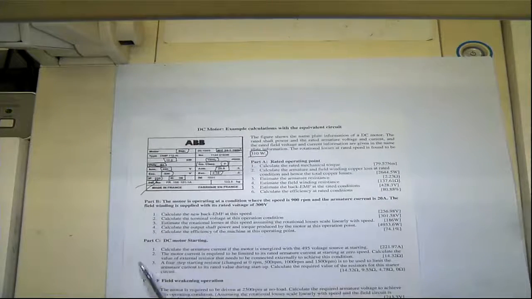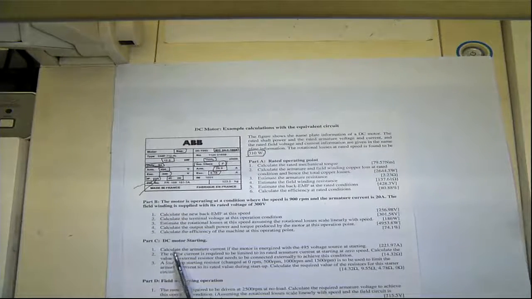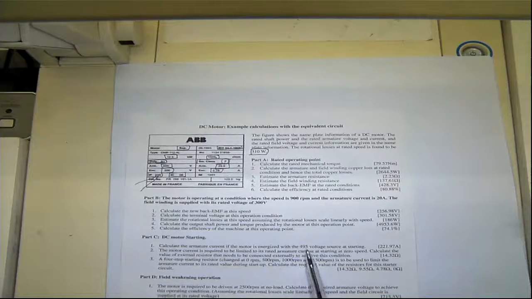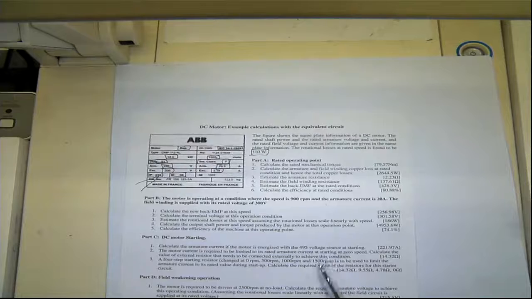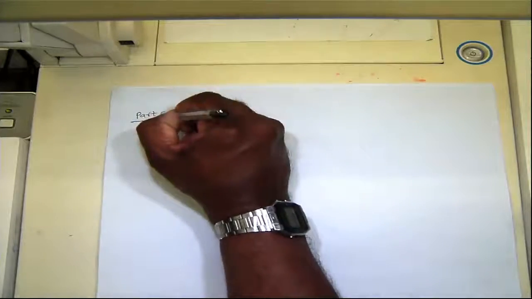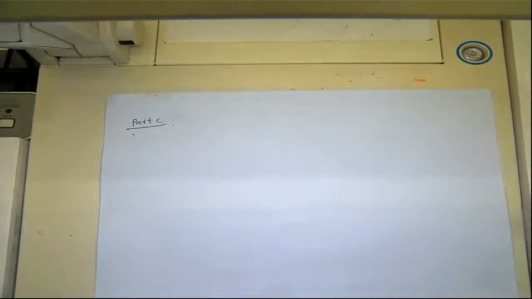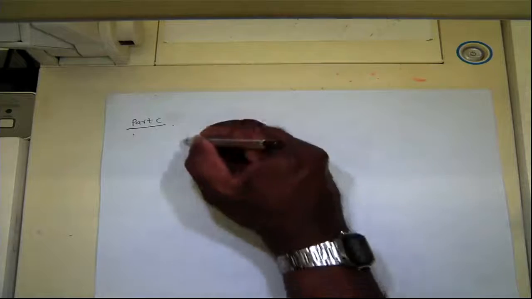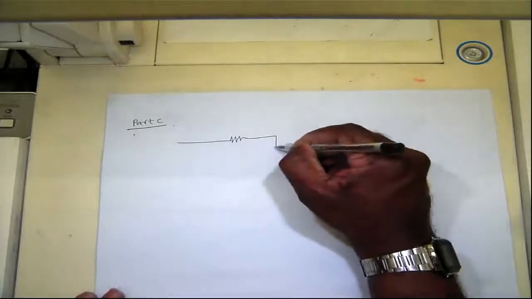So in part C, the first part is to calculate the armature current if the motor is energized with the 495 volts at starting. We have the same circuit.